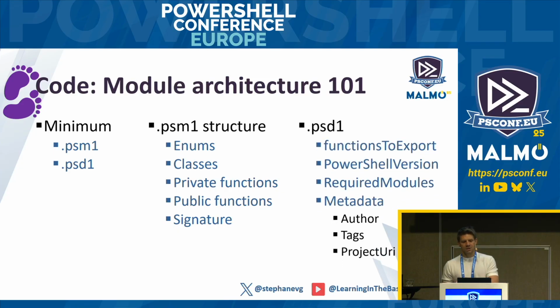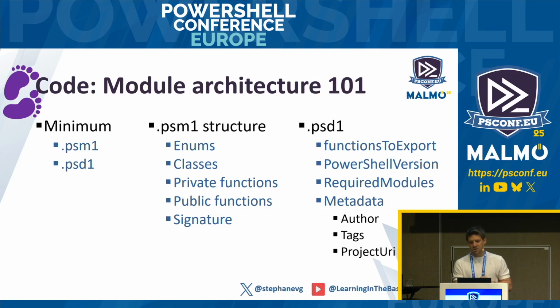In addition to that, we should have the PSD1, which allows you to specify things like the functions to export, so basically which functions are public, which PowerShell version you support for this module, and which dependent modules are needed for your module to work. And some metadata like author, tags, and project URI, specifically if you push it to a repository.